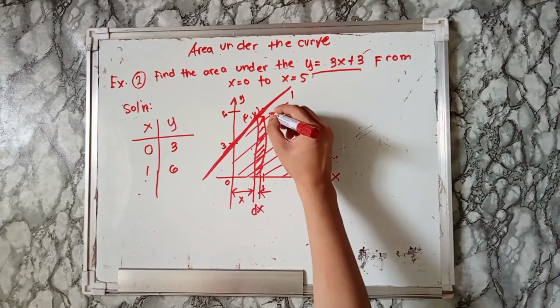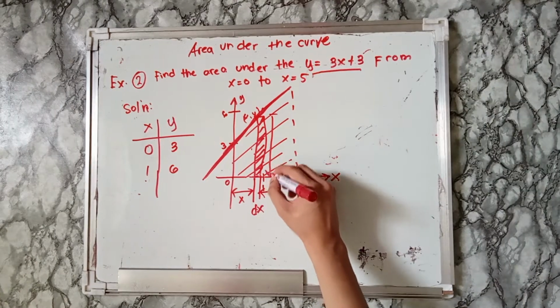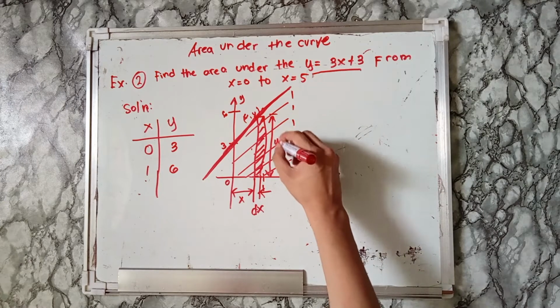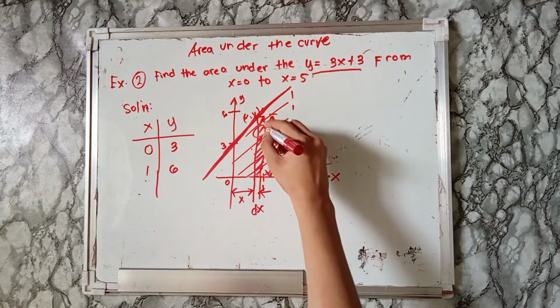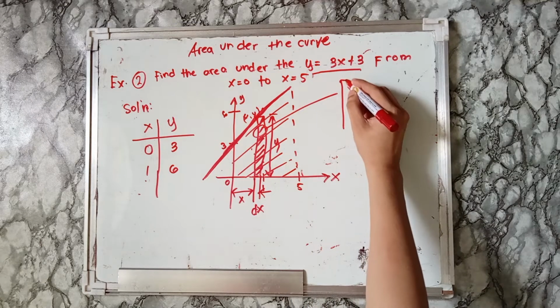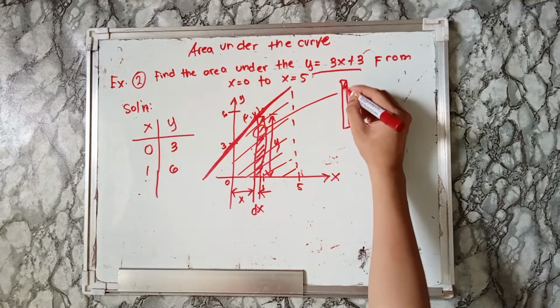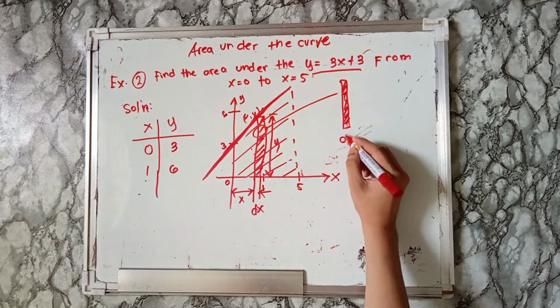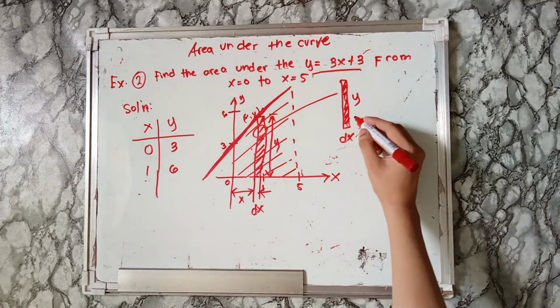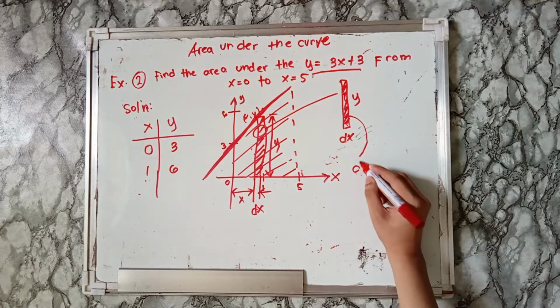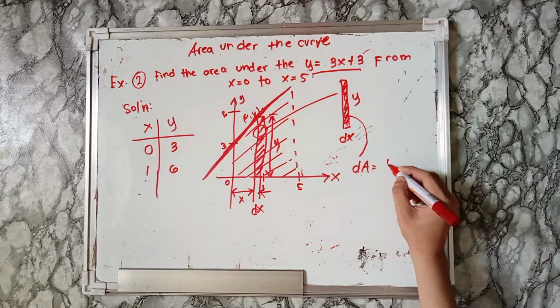Of course, this is our y, the height of the vertical strip. Now, if we take this out, the vertical strip, we have dx and y, right? So, to solve the differential area, it is just y dx.